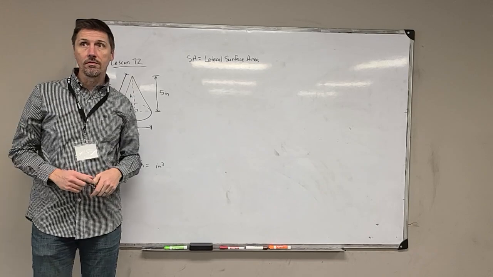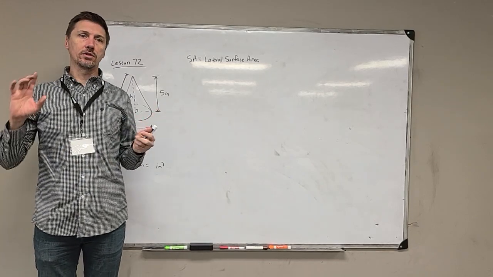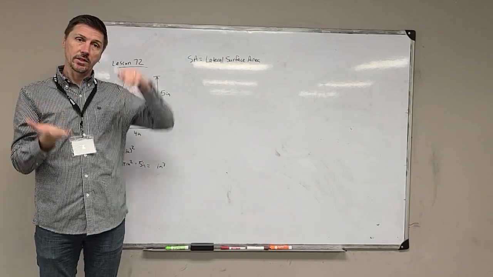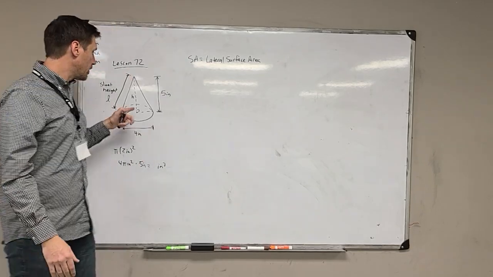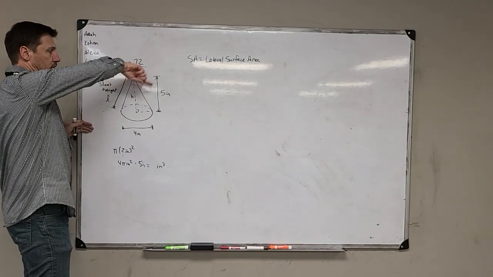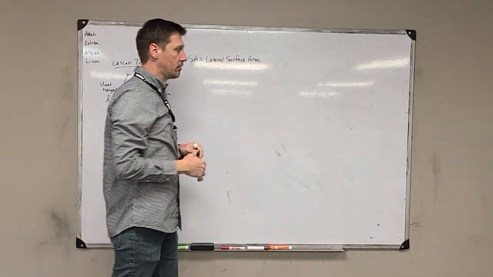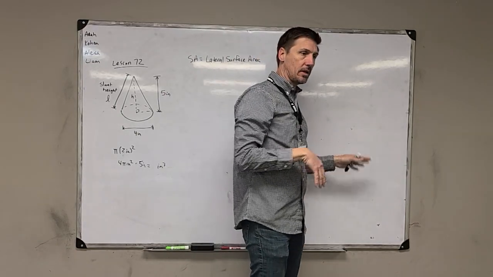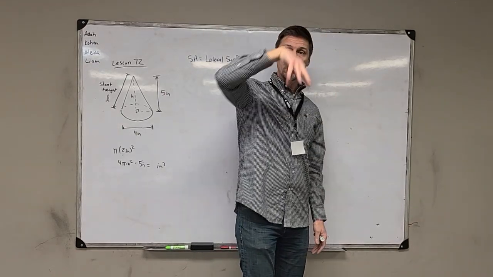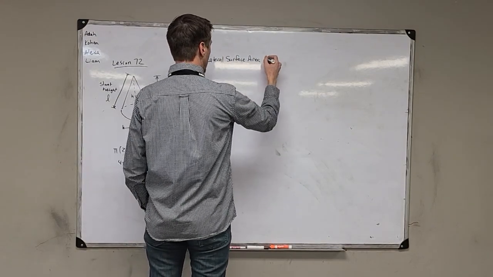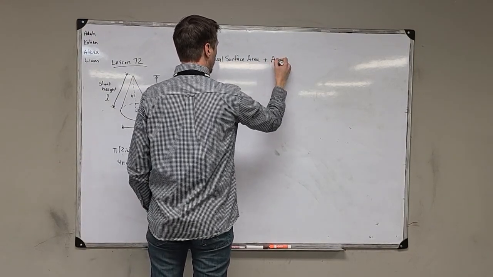So like on a roll of paper towels, the lateral surface area would just be the surface area where the paper towels are. You wouldn't count the top and the bottom. So in a figure like this, the lateral surface area is just all of this stuff here, not including the base. All right? And that was the same thing for the pyramid that we had a minute ago. The lateral surface area was just those faces, but not counting the base. All right? So surface area is always the lateral surface area plus the area of the base.